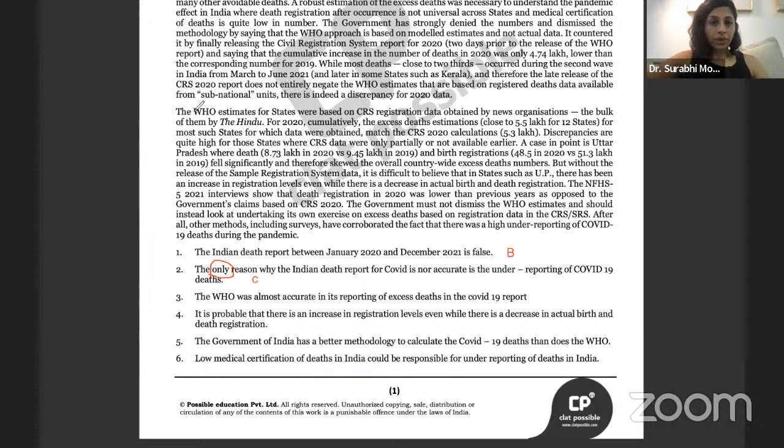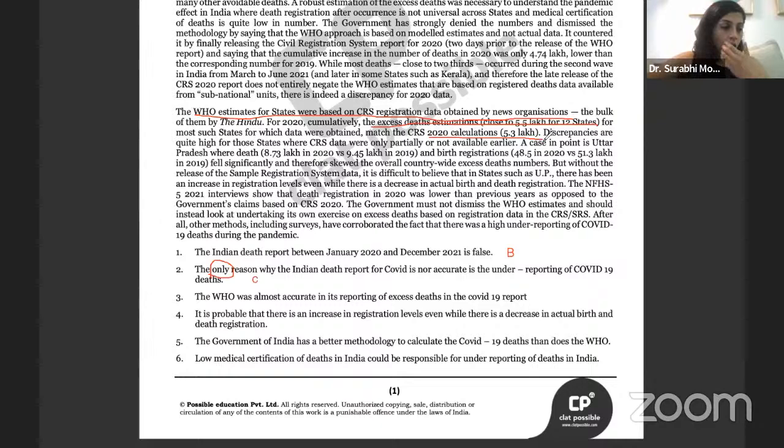The WHO estimates for states were based on CRS registration data obtained by news organizations. For 2020, the excess deaths seemed close to 5.5 lakhs for 12 states. For most such states for which data were obtained, it matched the CRS 2020 calculations, which is 5.3 lakhs.